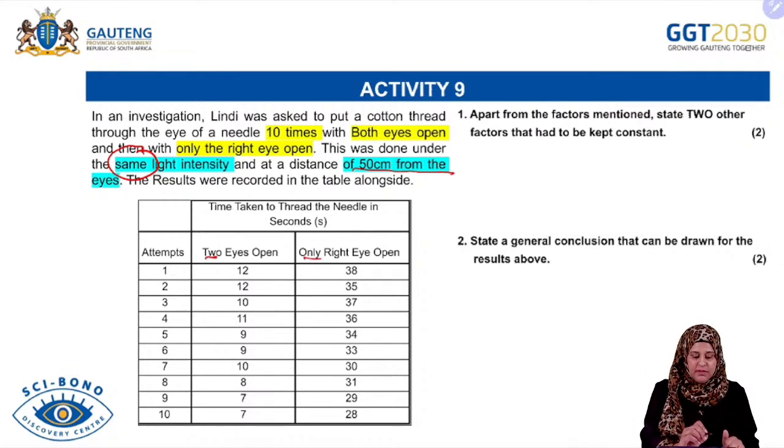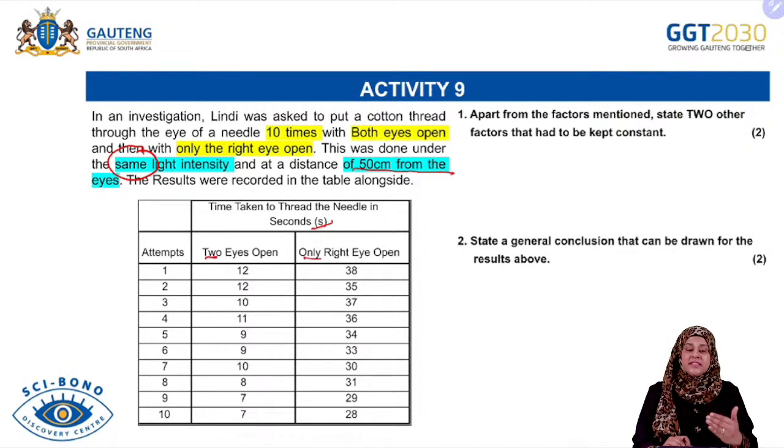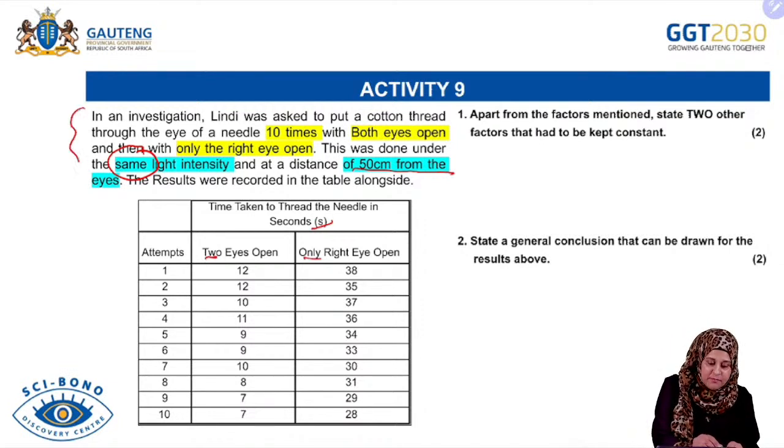Let's look at the table. These are the attempts 1 to 10, time taken with 2 eyes open and 1 eye open in seconds. That's our unit of measurement. Now the question says, apart from the factors mentioned, state 2 other factors that had to be kept constant. And we find this in paper 1 every single time: the learners are not reading this paragraph before.